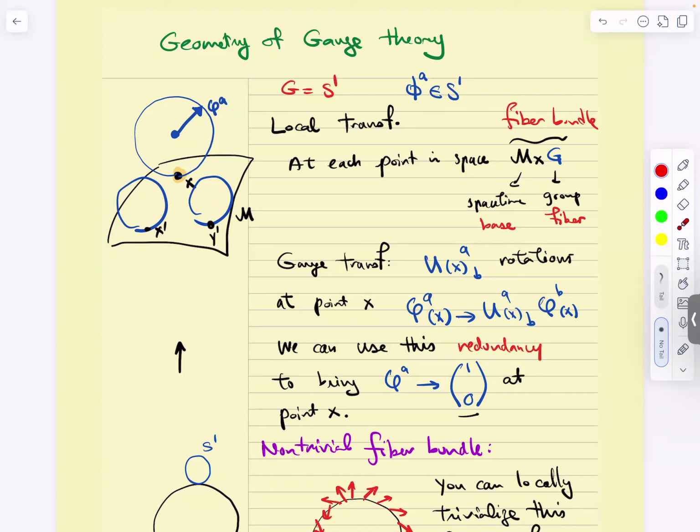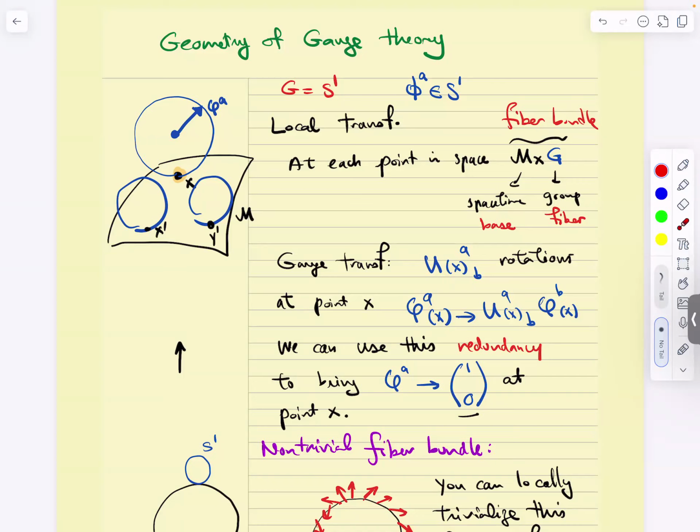I'm going to draw this picture in a discrete way. Imagine your M is a circle. Good. So what you have is a circle, and at each point you have a circle again. So it's a torus, right? I'm going to physically draw this as there is a vector sitting at each point. So it's like a Heisenberg model.